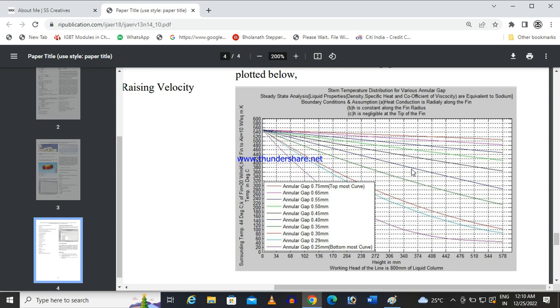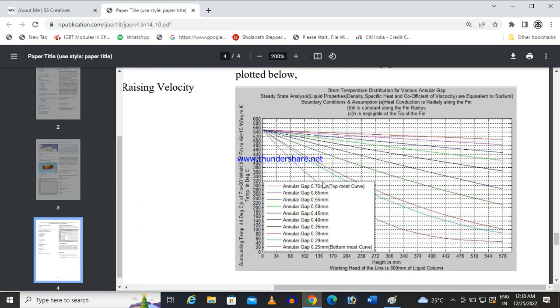So how much gap is to be given? That is also to be studied. From the study we have estimated that the annular gap is 0.25 mm. If you give that for that particular geometry, it will work successfully.